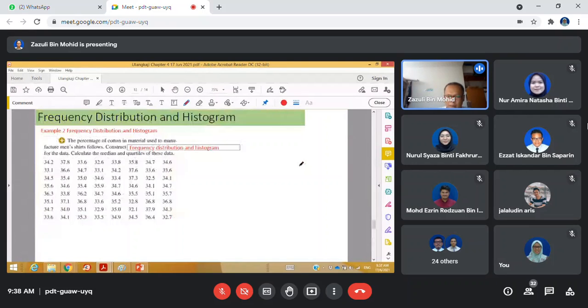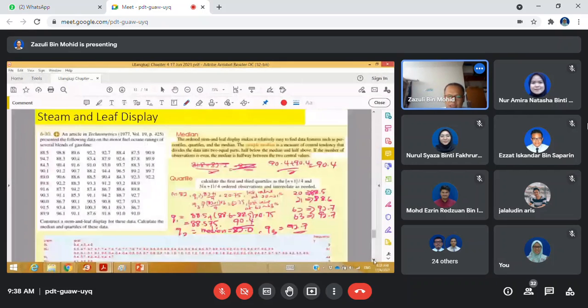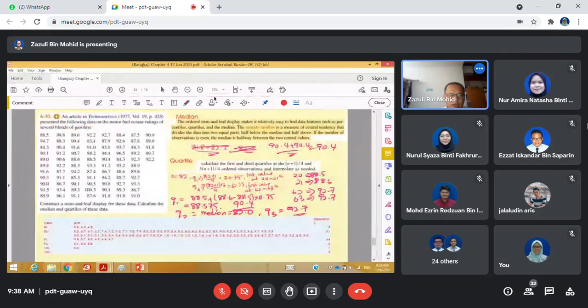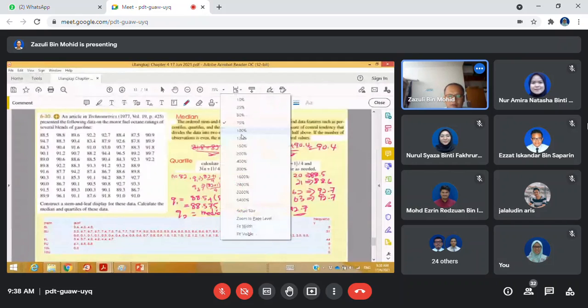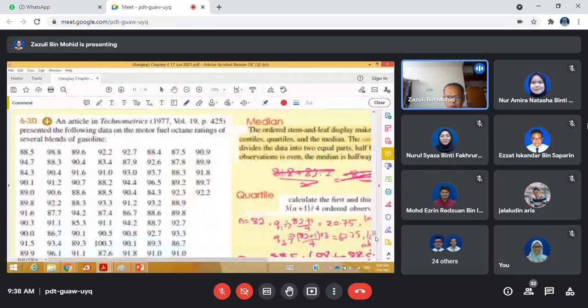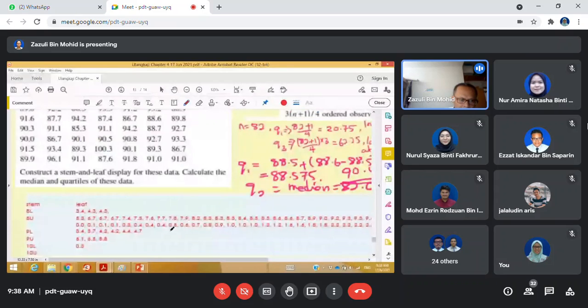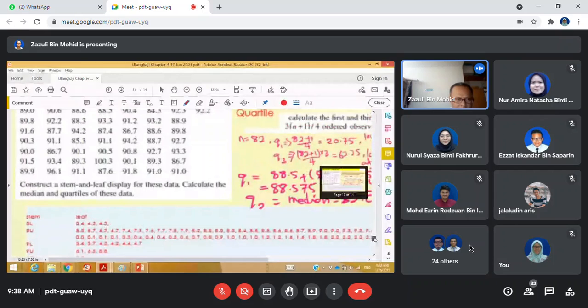But the method of presenting in the table is quite different. Okay, in this chapter we have the leaf and we have the stem. Quite blurred here, the value, but then you have to arrange the data like this. 8L is 8 lower, 8U is 8 upper, whereby 8 lower represents the value of 80.